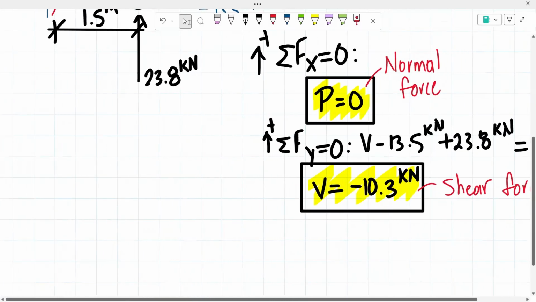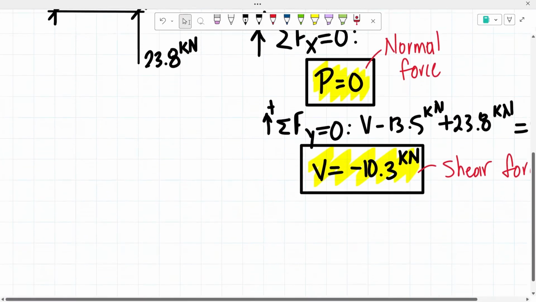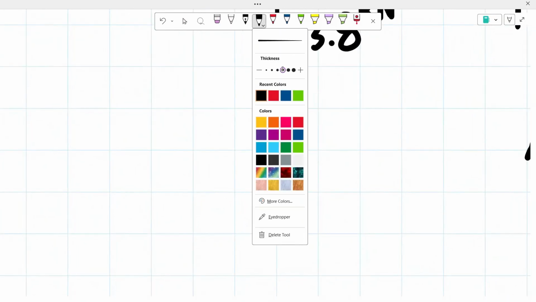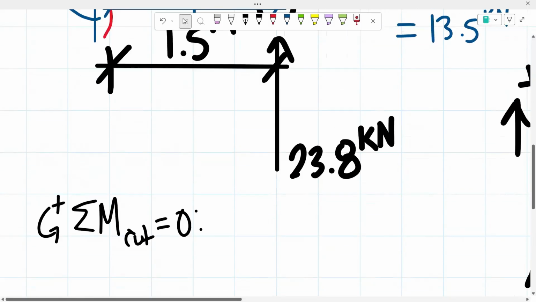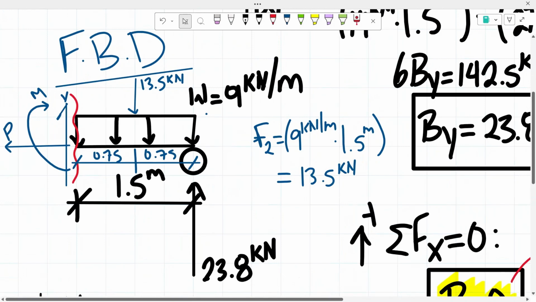So now to solve for our moments, what we're going to be doing is taking the sum of the moments about the cut, or about point C. We know that that will have to equal 0. So here we have our moments going clockwise.